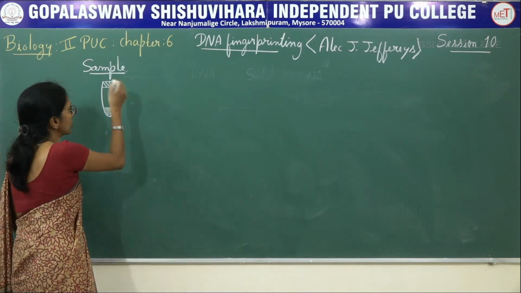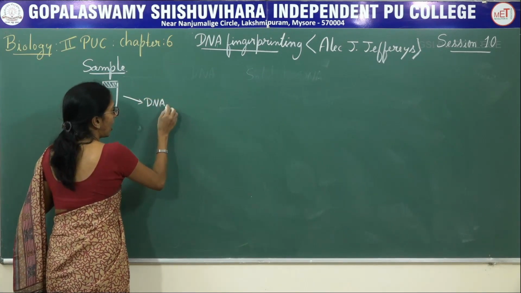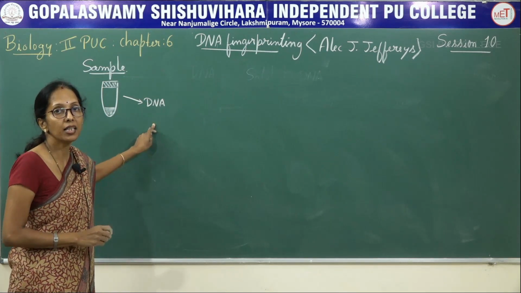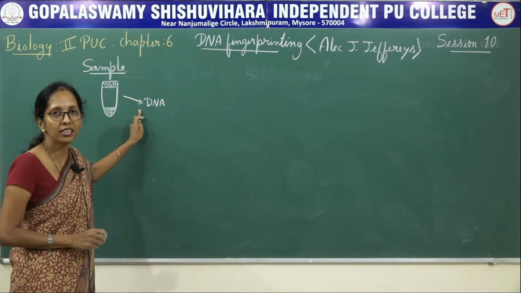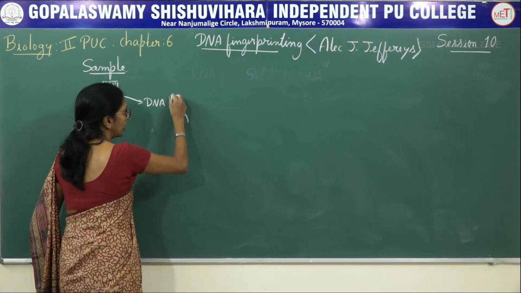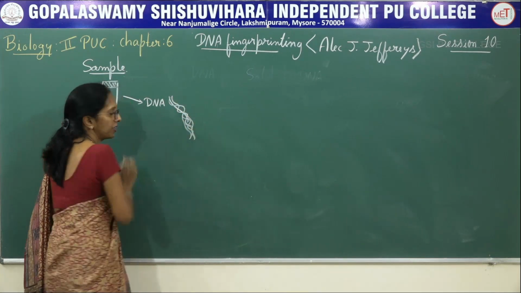Then after the collection of sample, the DNA is isolated by using refrigerated centrifugation. So after refrigerated centrifugation, the DNA is isolated like this. This is the isolated DNA.